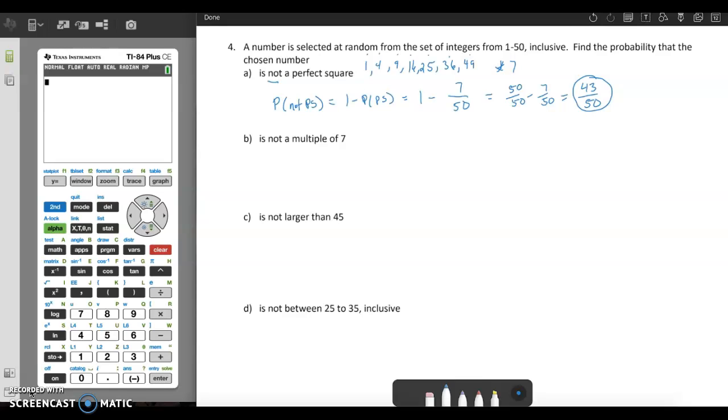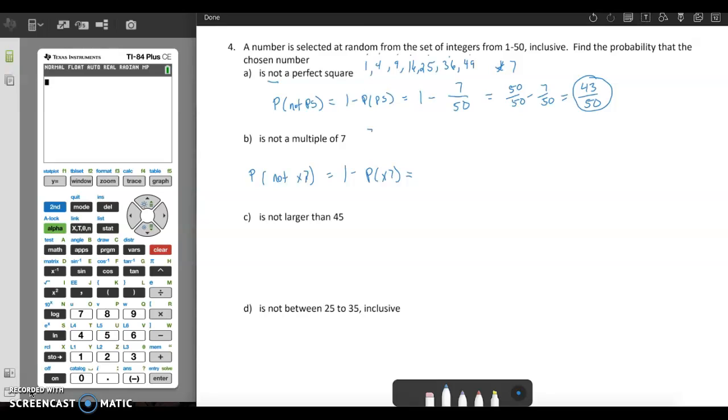Similarly, part B says, what's the probability that we do not choose a multiple of 7? So probability of not a multiple of 7 can be equal to 1 minus the probability that it is a multiple of 7, because there are not that many multiples of 7 between 1 and 50. We can write them out.